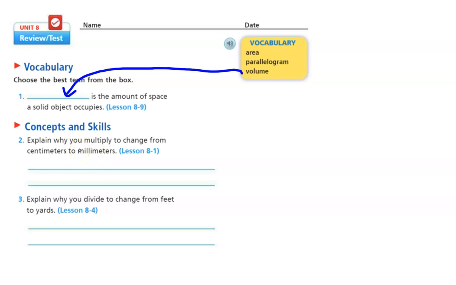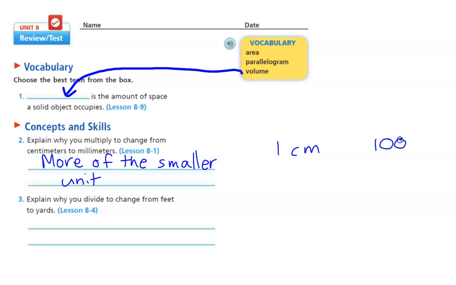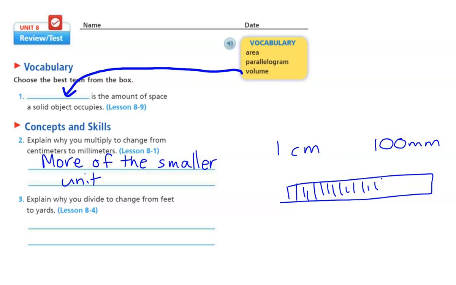So because of that, there are going to be more of the smaller unit. So again, if I took 1 centimeter, and I wanted to know how many millimeters that is, there are 100 millimeters. So I'm taking that 1 centimeter and I'm chopping it up into 100 little pieces, so there's going to be more of those.